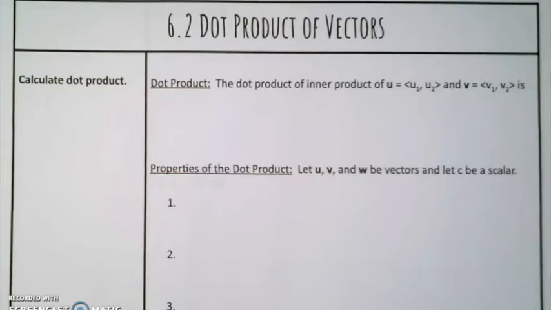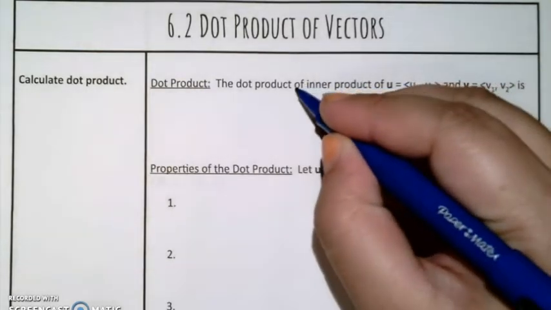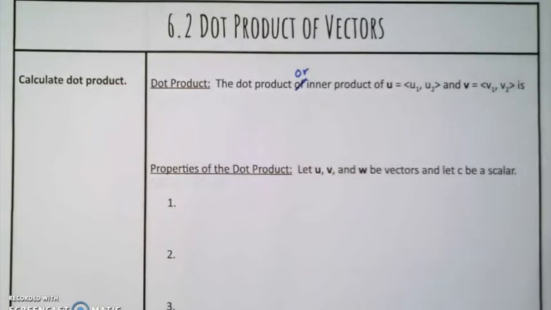On page 136 of your note packets, we're starting on lesson 6.2, dot product of vectors. So dot product is defined as the product or inner product of vector u and v.